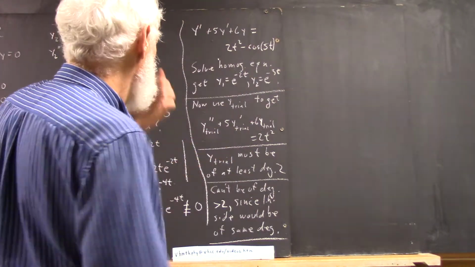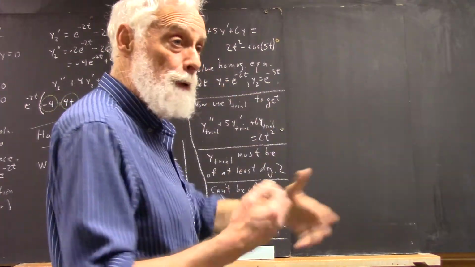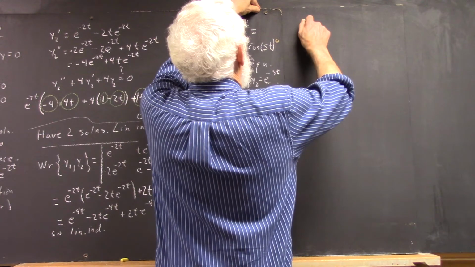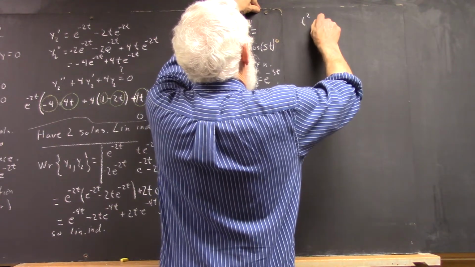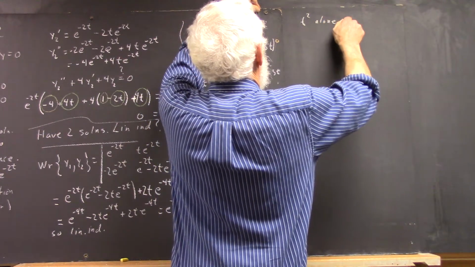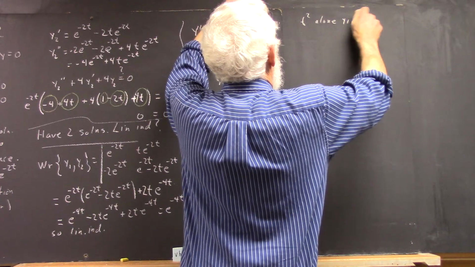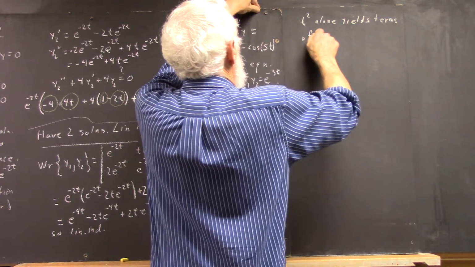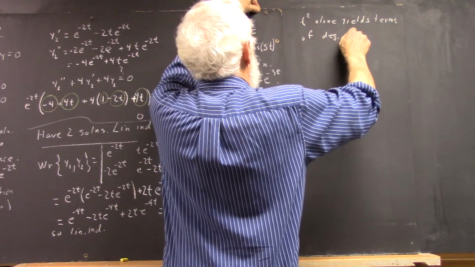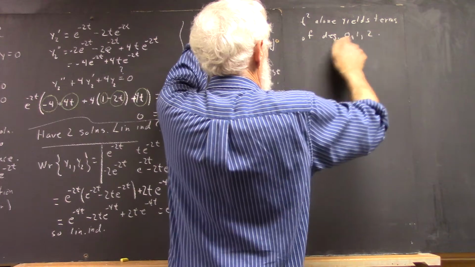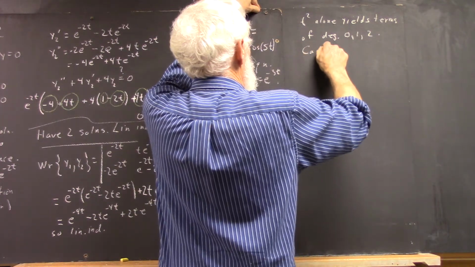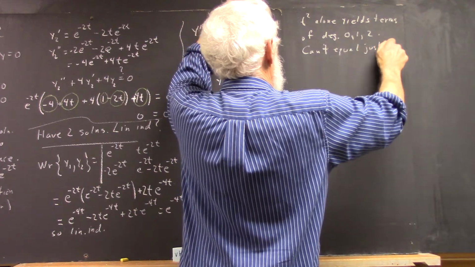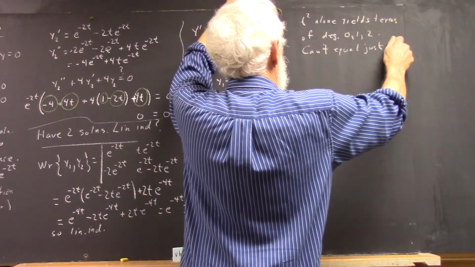So the solution, and it's not too hard to understand why, especially after you've worked a couple of these: I'm going to say t squared alone yields terms of degree 0, 1, and 2. And that can't equal just t squared.